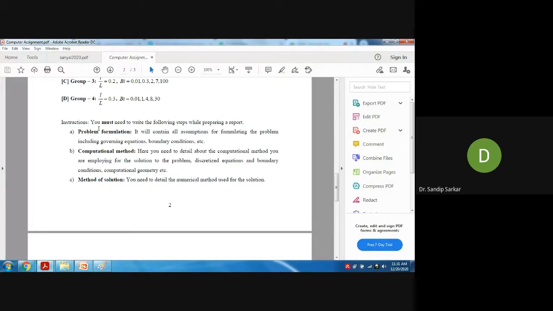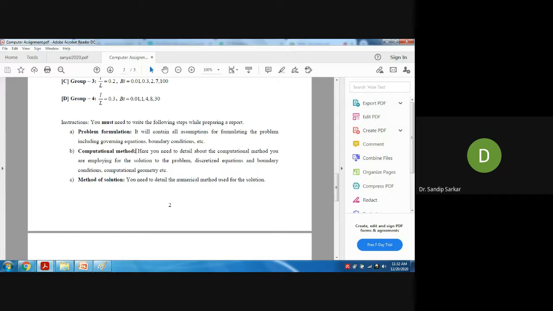It will be something like this. In the report, you have to start with the problem formulation. Chapter 1 is the problem formulation. There you have to mention the initial assumptions for formulating the problem. Then what are the governing equations and boundary conditions?